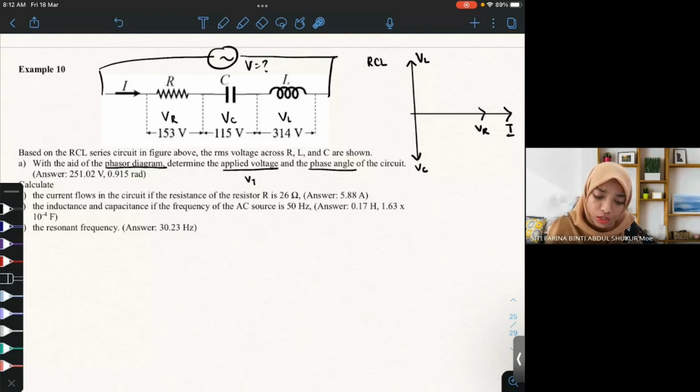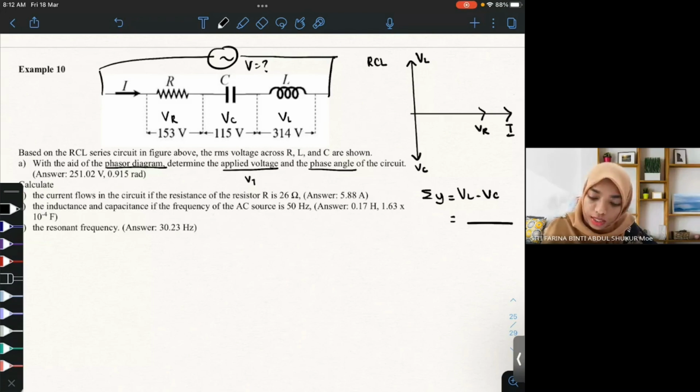And then let us look at the value of VL and VC. Okay, VL dengan VC along Y component. So kita kena tengok bila kamu tolak, contoh summation along Y kamu ni akan jadi VL minus VC. Okay, apa yang kita akan dapat dekat sini?